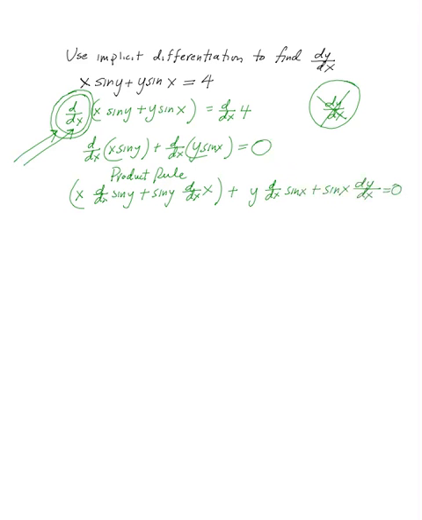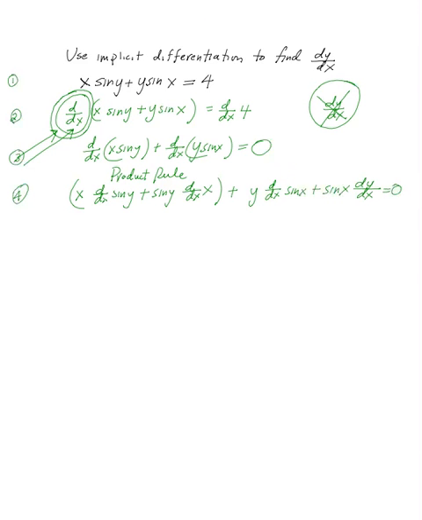Now notice one thing about implicit differentiation. It's not like with regular differentiation that you say dy dx or f prime of x is, and then you might rewrite it and say it equals. Each line of this, every single line, line 1, line 2, line 3, line 4, and following, is an equation.